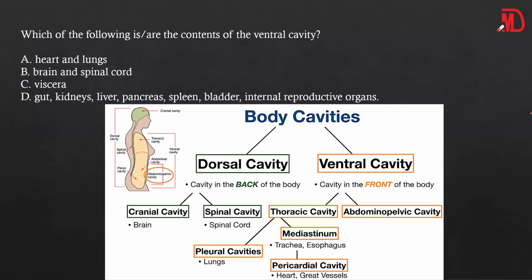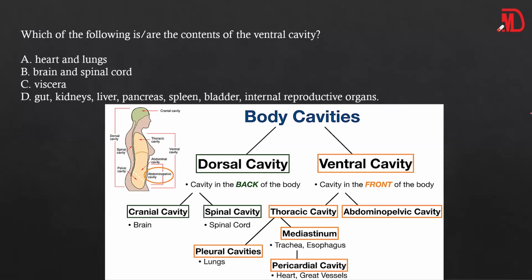All right. This means that the ventral cavity includes the thoracic cavity, which will contain the heart and the lungs. We also have the abdominopelvic cavity, which will contain the gut, the kidneys, the liver, the pancreas, the spleen, and other organs. Then the brain and the spinal cord are in the dorsal cavity. They are not in the ventral cavity.